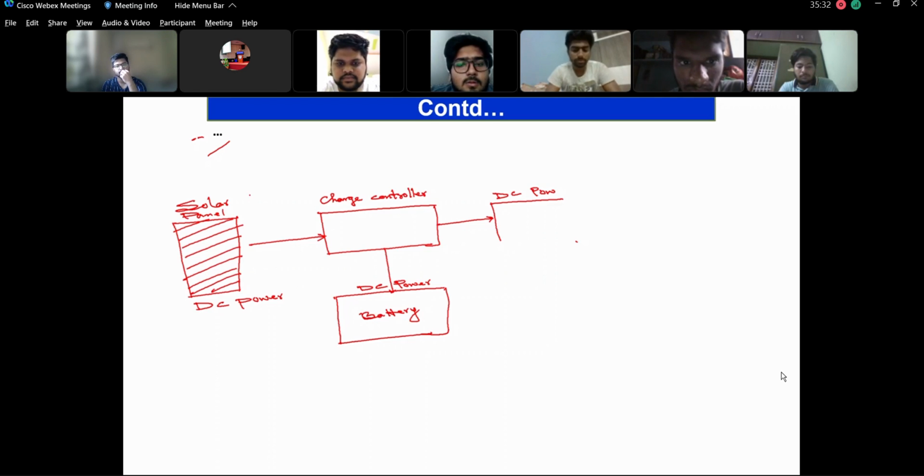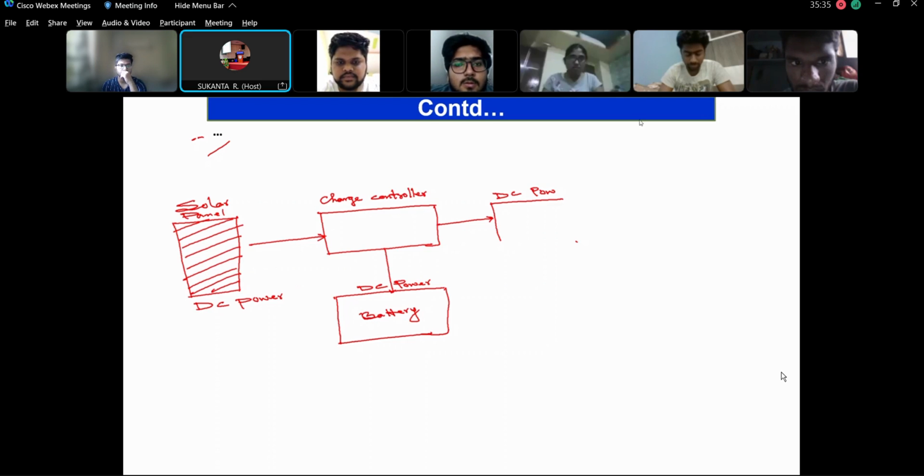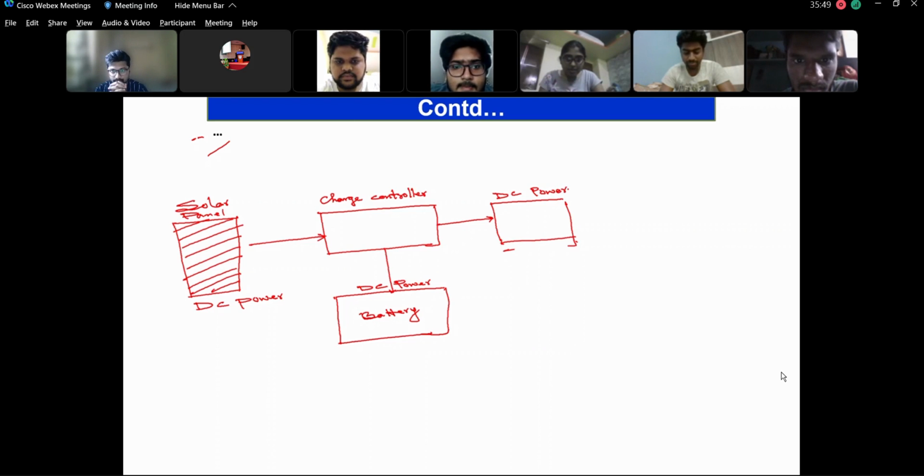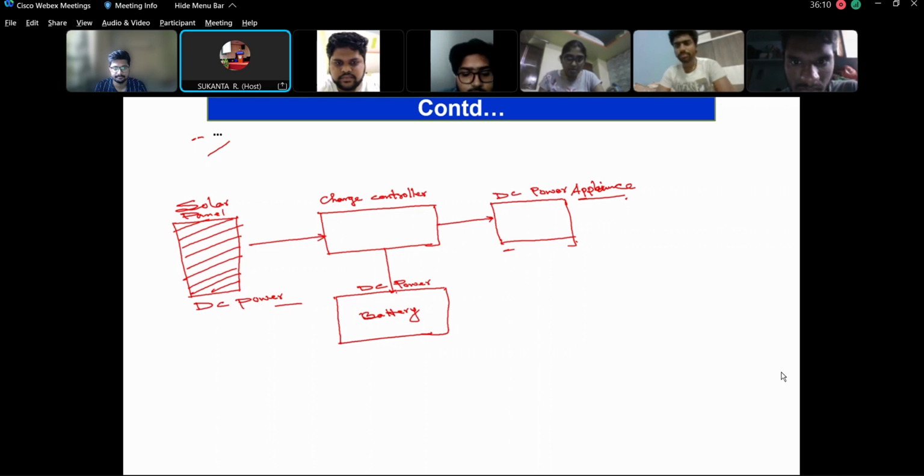So this charge controller gives us the DC power output for DC power appliances. Here the solar panel produces DC power itself, and the battery stores energy in the form of DC power.